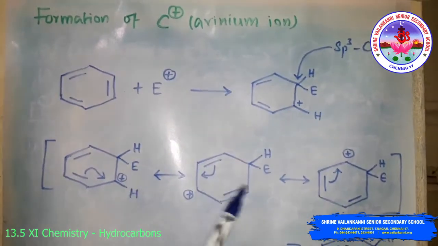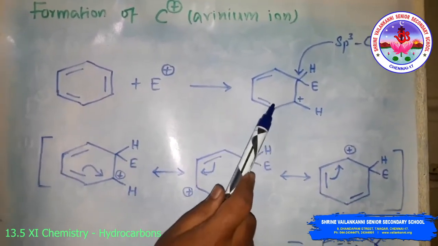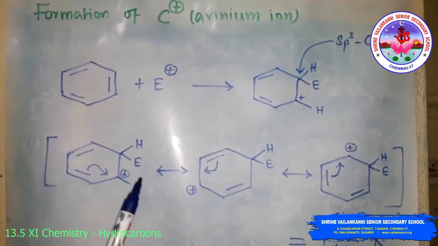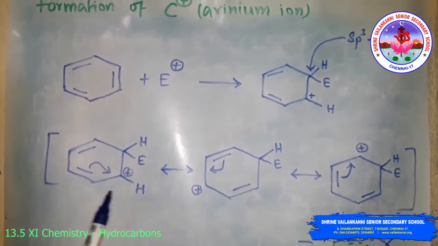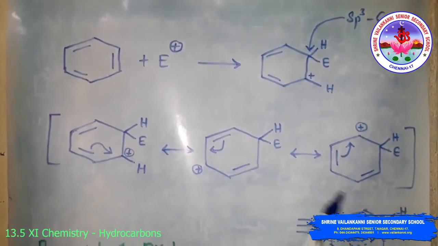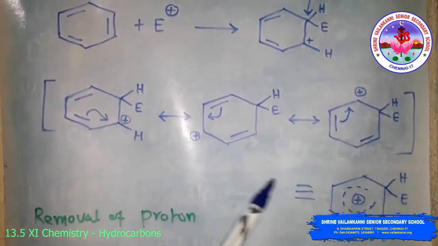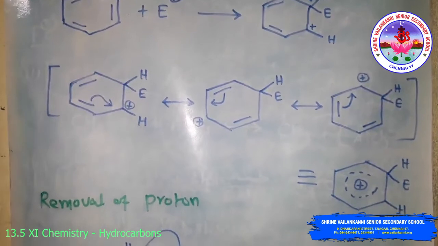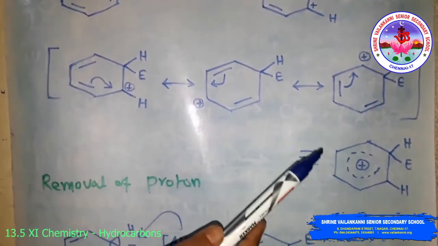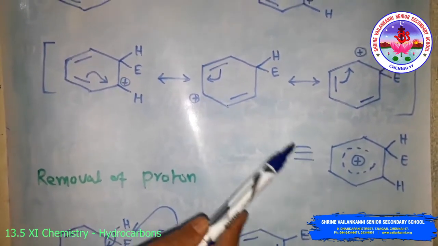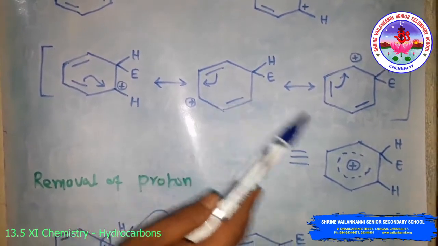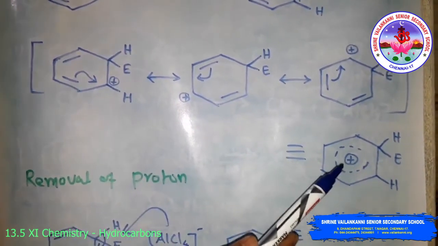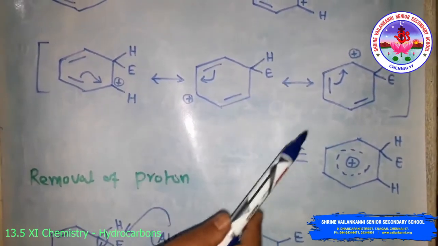So this is the sigma complex, the arenium ion. The arenium ion gets stabilized by resonance like this. So this is the resonance stabilized structure of the arenium ion. Then the sigma complex loses its aromatic character because the delocalization of electrons stops at the sp3 hybridized carbon.